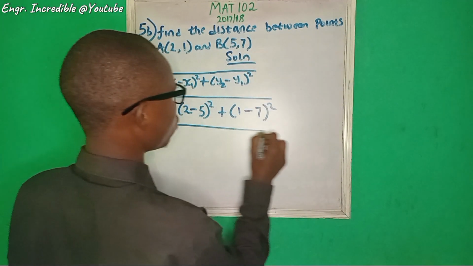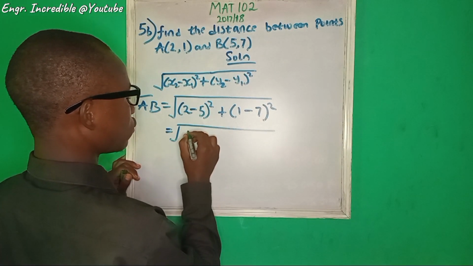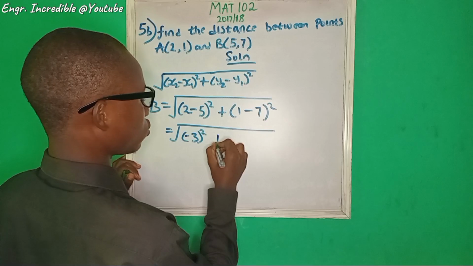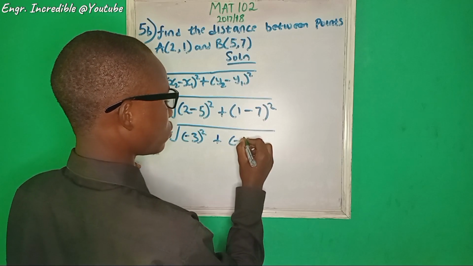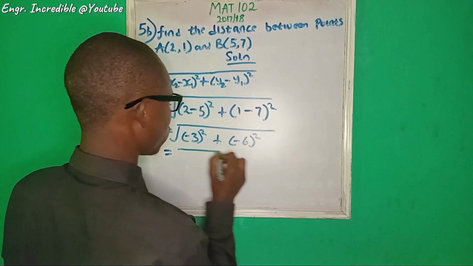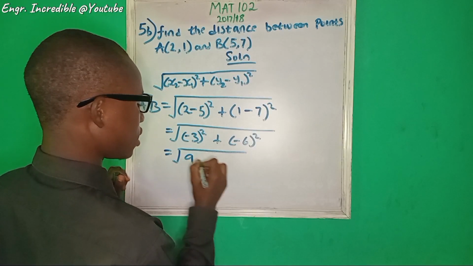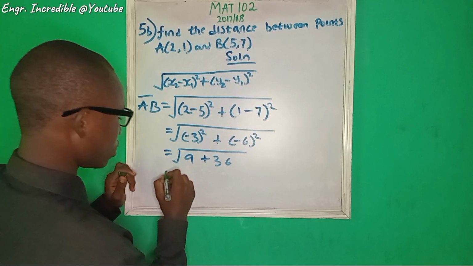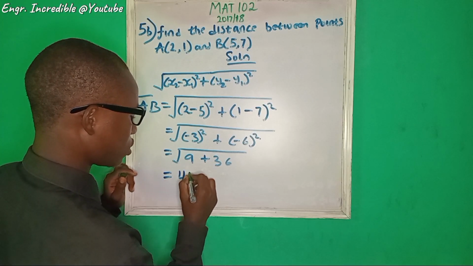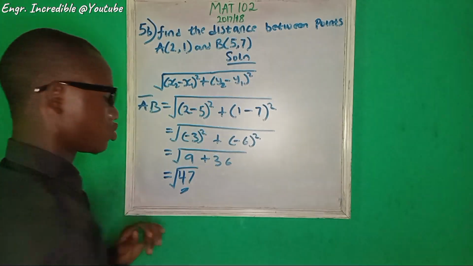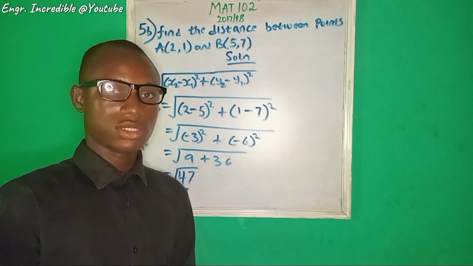So it's equal to the square root of 2 minus 5 is minus 3 squared, plus 1 minus 7 is minus 6 squared. So this is equal to the square root of 9 plus 36, and 9 plus 36 is equal to 45. So our distance is equal to the square root of 47.